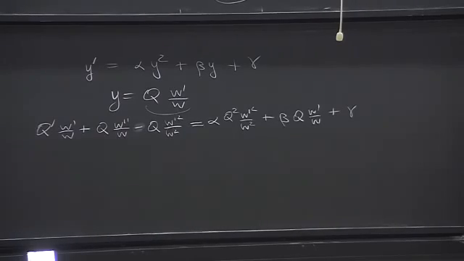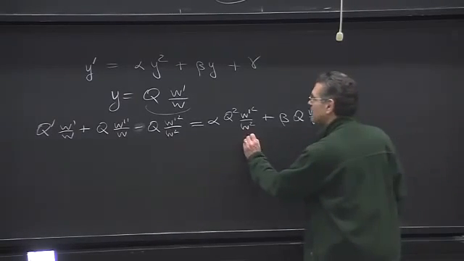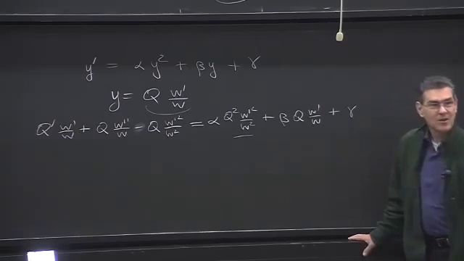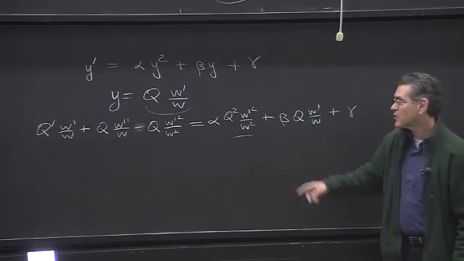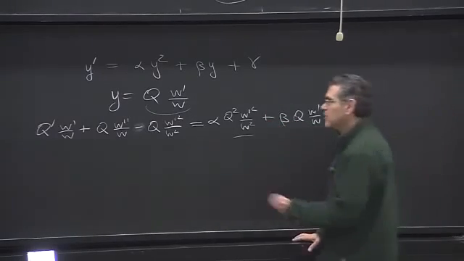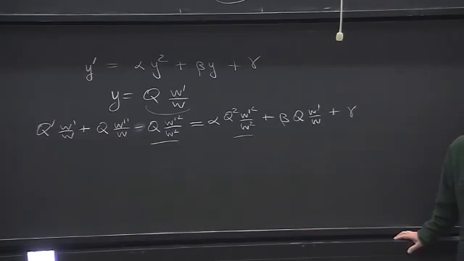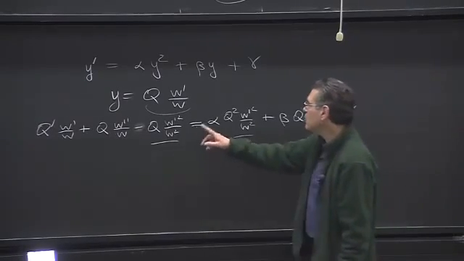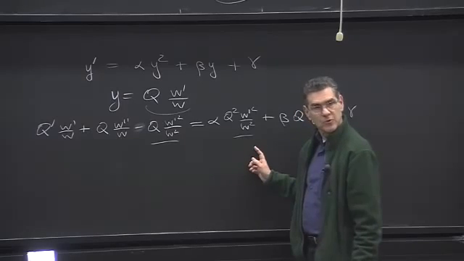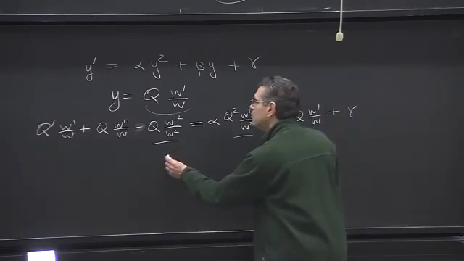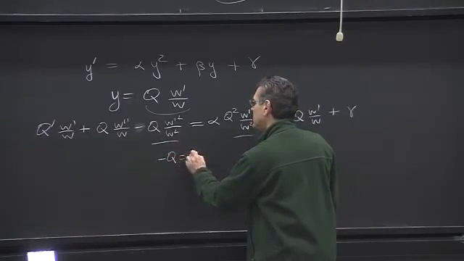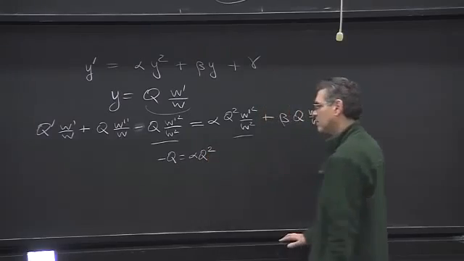Except that now if I look at this equation, what's the worst term in this equation? What's the most disgusting, horrible, awful term in the equation? It's got to be this term, w prime squared over w squared. But there are 2 such terms. There's also this. And so I can choose q to get rid of these 2 terms. So I will choose minus q to be equal to alpha q squared.